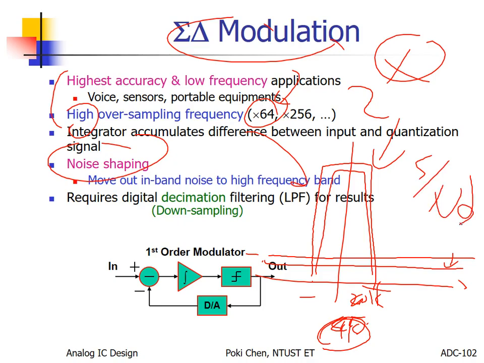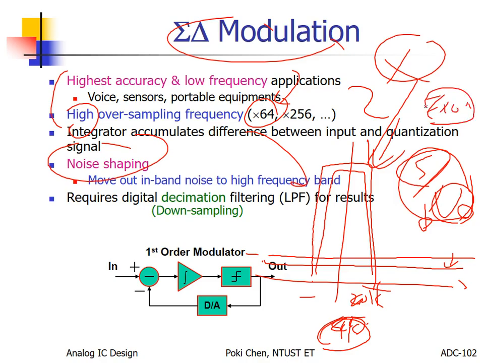According to oversampling, it is really good because for in-band signal to noise ratio, in-band means in signal band, out of your signal band. So that is one way to reduce the noise. How about the signal? The same. The signal power is still the same, but we can reduce the noise power. So S over N, signal to noise ratio, will be increased. Then we can increase our ENOB again.